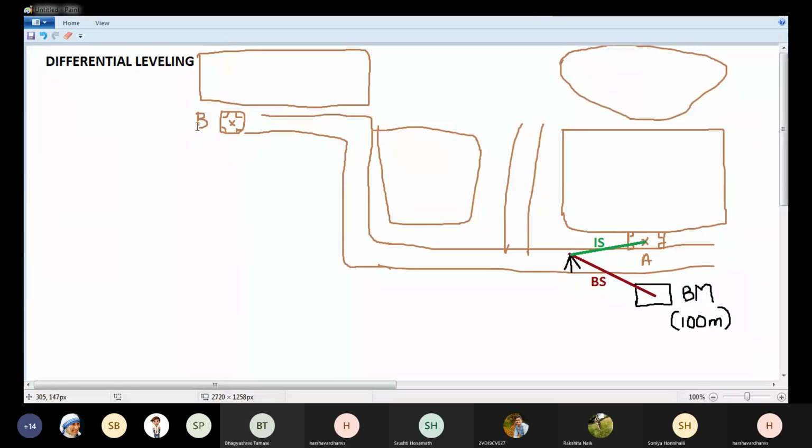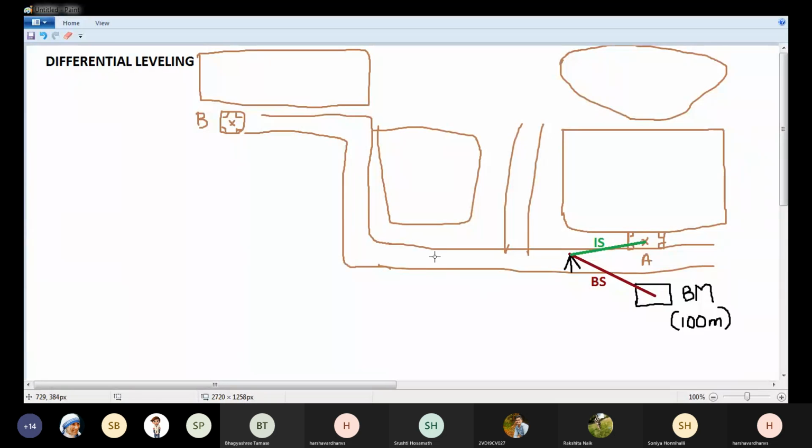Now next, is point B visible from this instrument? No, it is not visible. So I have to change the instrument. I have to go towards point B. So what I'll do, I'll select a suitable change point.